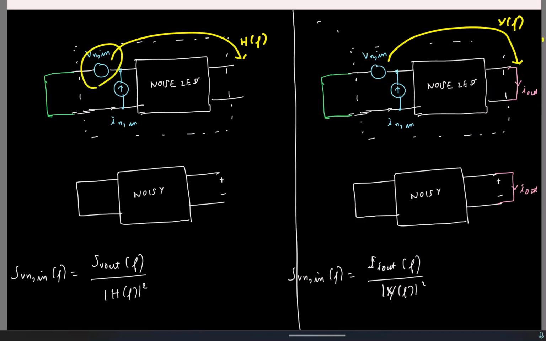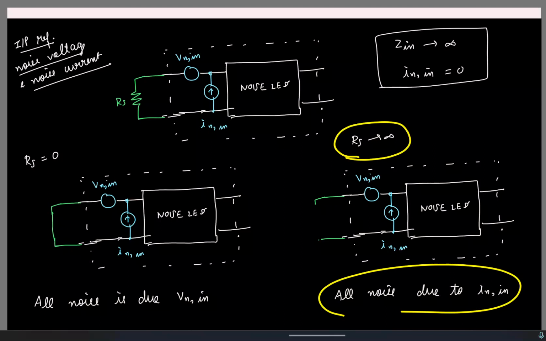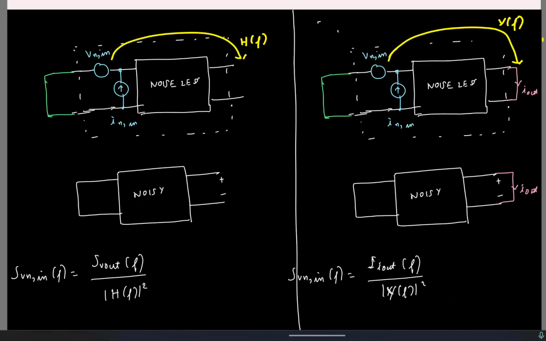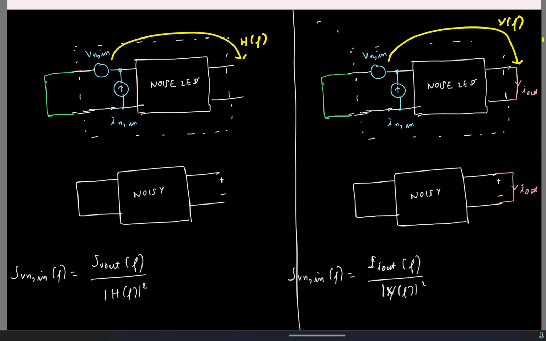Now we'll also have to find the current. So for finding the current, I'll again try to form a case where the entire noise comes only due to the current, and you already know that will happen if my RS is infinity. So I'll do a very similar experiment. I'll just copy paste it. So I'll now open this.